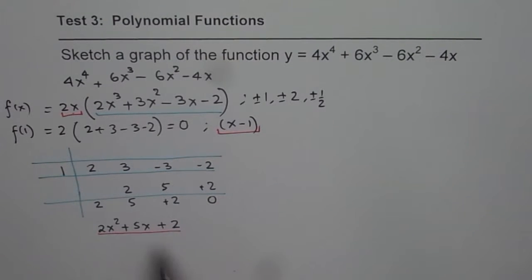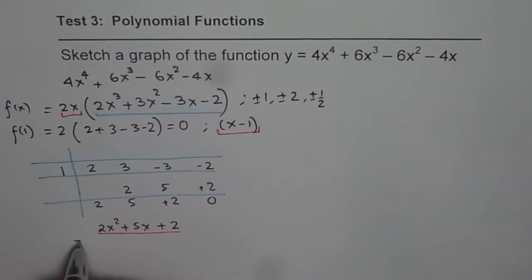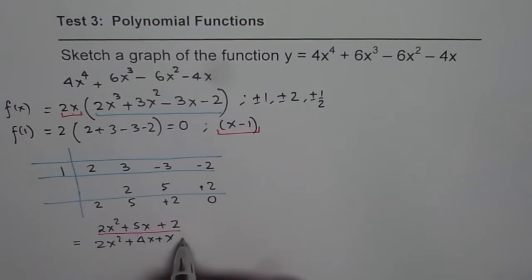Now here we can factor this also. We need a product of 2 times 2, which is 4, and a sum of 5. So we can write this as 2x squared plus 4x plus x plus 2. Now we can group and then factor.